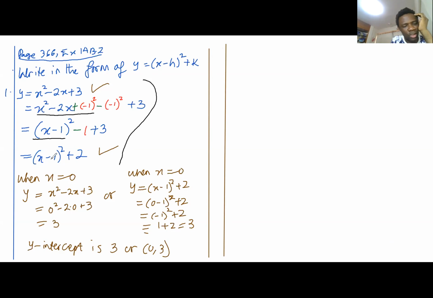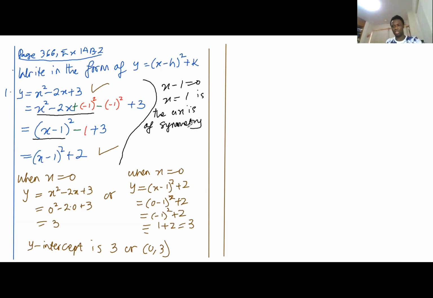So from here, it means that we put x minus 1 equal to 0, then x is equal to 1, which is the axis of symmetry. Okay, so that line that cuts the graph into 2 equal parts is x equals 1. And we get that by equating the bracket to 0. Does that make sense?